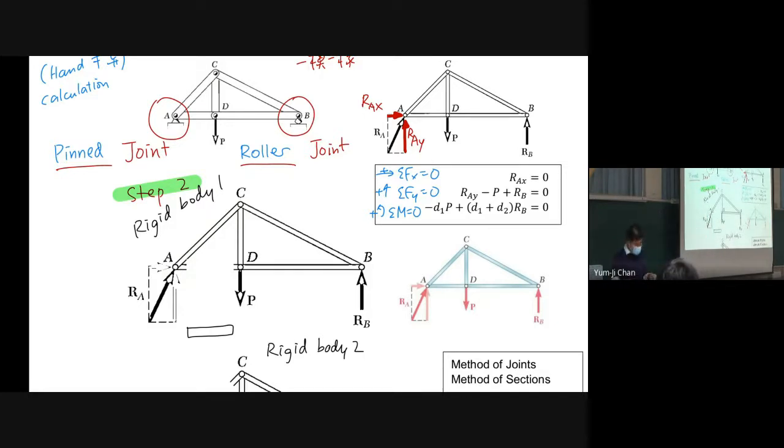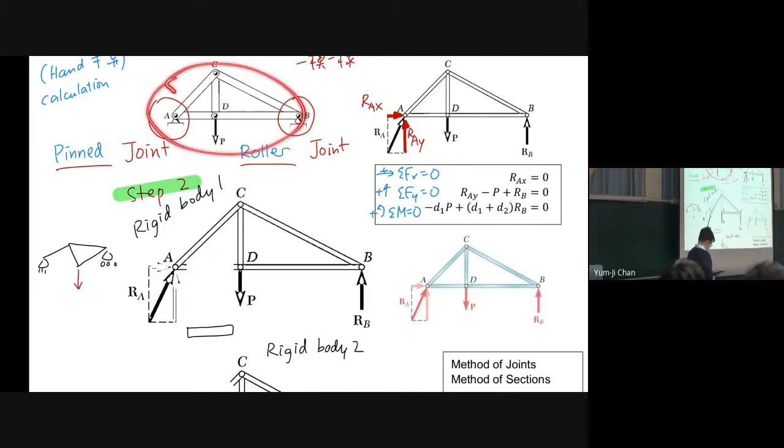If we do nothing, the whole rigid body will look like this, right? So what should we do now? After we apply the force P on the original structure, it does not fall down.